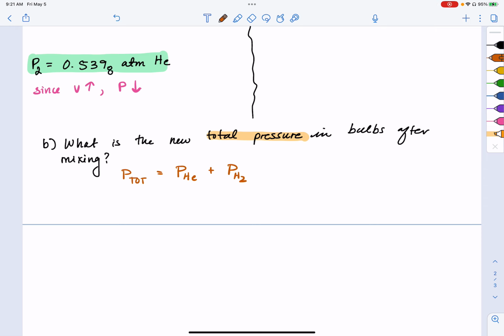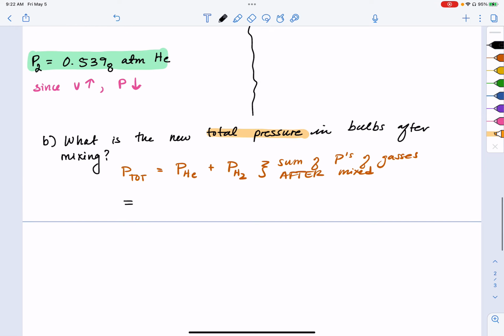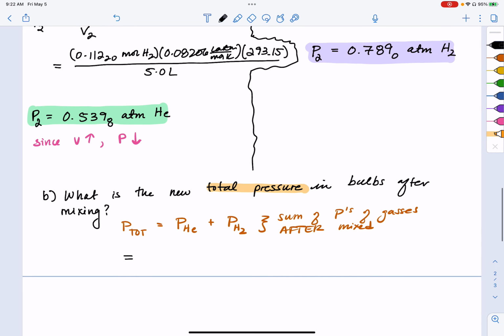These are the pressures of our gases after they have mixed. So we can't just take their initial pressures and add them. We want the total pressure post-mixing, so we need to know what these partial pressures were post-mixing. And luckily for us, we just solved for these pressures right up here in part A.